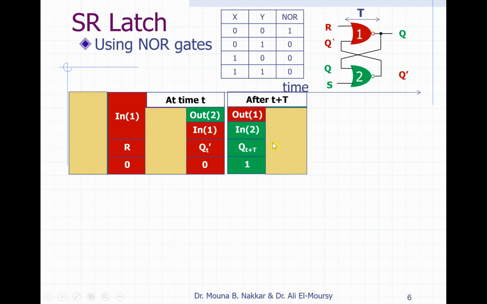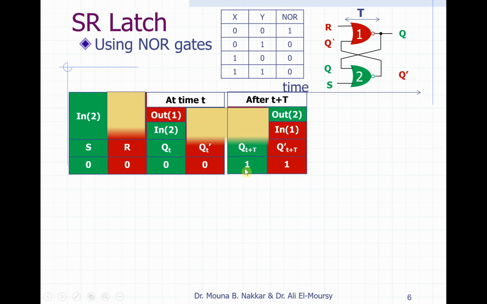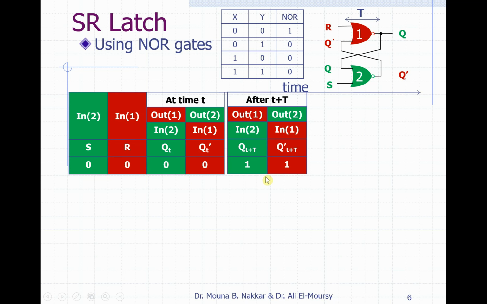At t plus tau, we will just apply the rule for the NOR. R NOR Q bar, the output is Q at t plus tau. 0 NOR 0 from the NOR will give me 1. The same thing for the other NOR: 0 and 0 through the NOR will give me 1. So that means Q and Q bar have changed their values from both zeros to both ones.